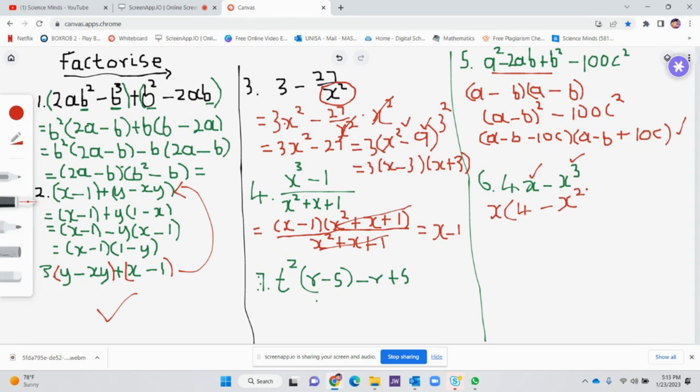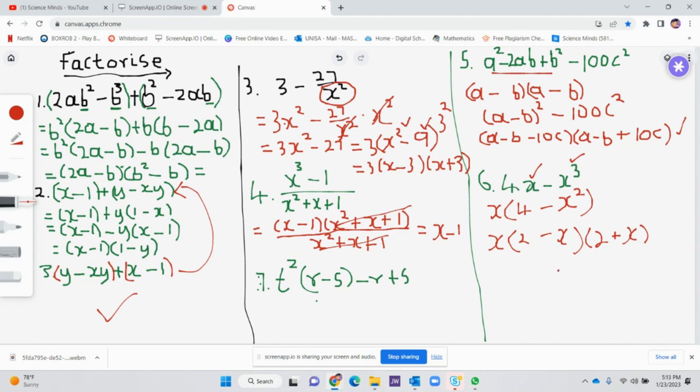Difference of two squares again. 4 is a square because it's 2 squared, and then there's a square. So that means we're going to have two brackets. Square root of 4 is 2. We will have minus the square root of x squared, which is x. And the other bracket will be exactly the same thing, but with a plus. That was simple.